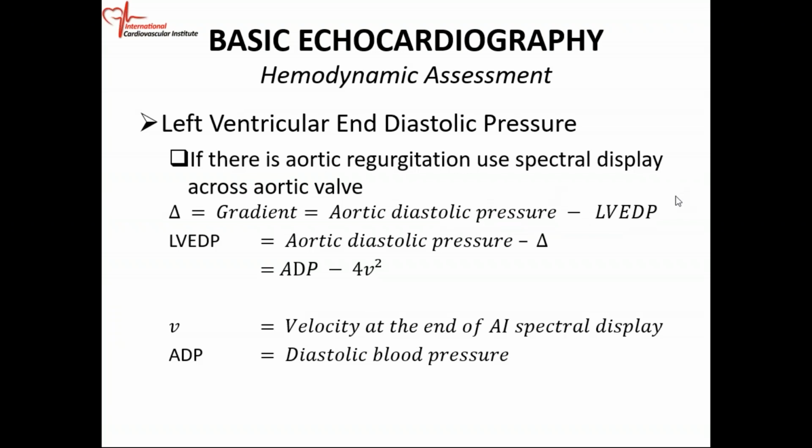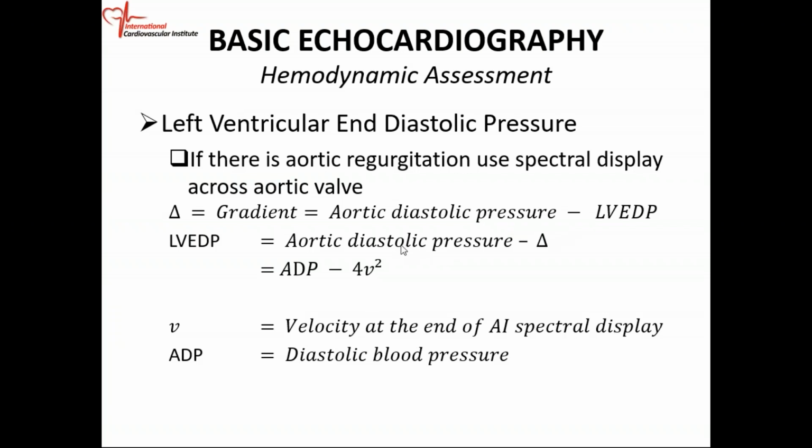If you rearrange the equation, because this is what you need to know, the left ventricular end diastolic pressure is equal to the aortic diastolic pressure minus the gradient. Again, your aortic diastolic pressure is the same thing as your diastolic blood pressure.